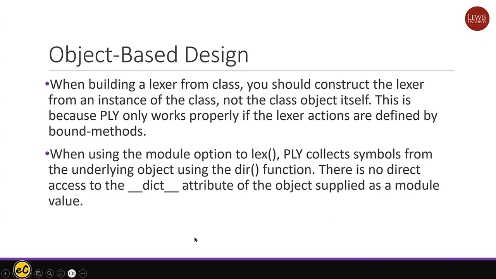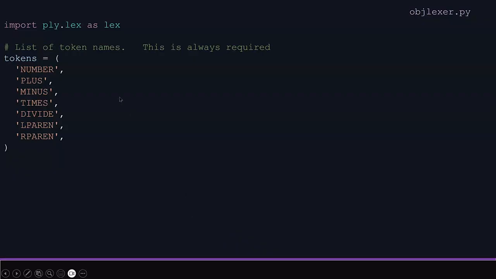Then you can also design it as object-based design. So there are several design rules. The first one, there's no object, just directly calling the Lexer. Second one, you call the Lexer, but in a class-based design. Next one, we have object-based design. So in object-based design, you still import lex as lex.